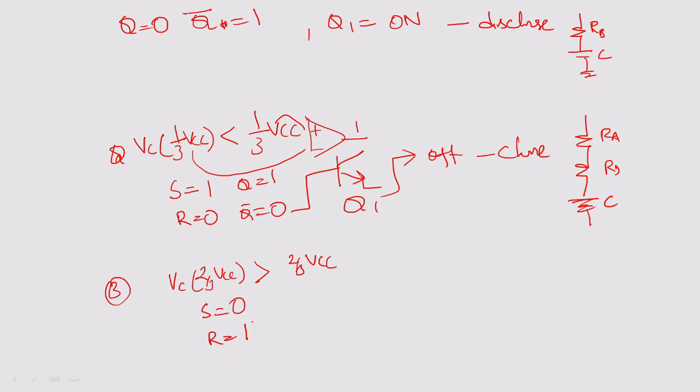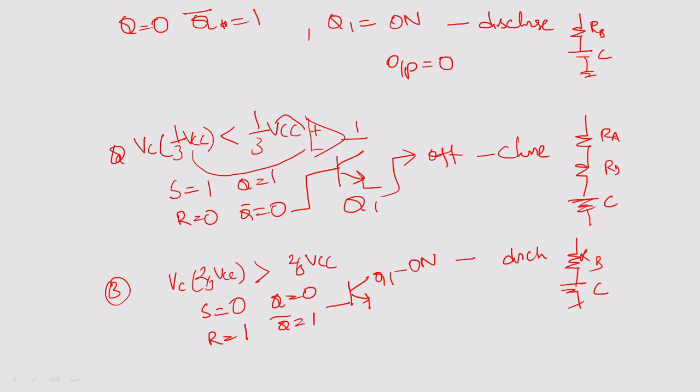If reset R is 1, we know that Q will be 0 and Q bar will be 1. So immediately your transistor Q1 will become on and this will discharge. Through which network? RB and C network.